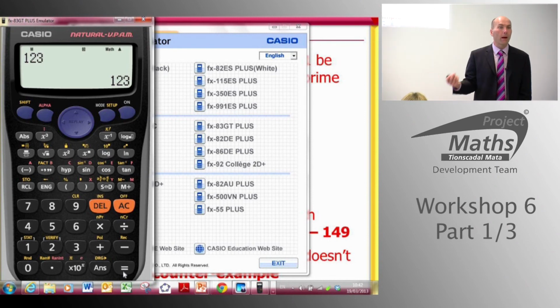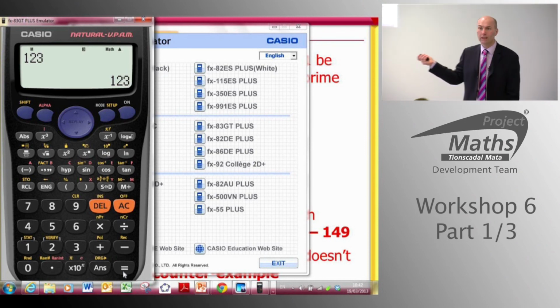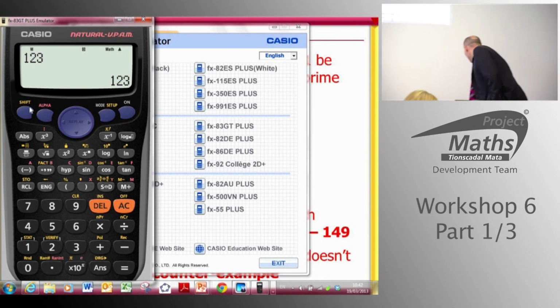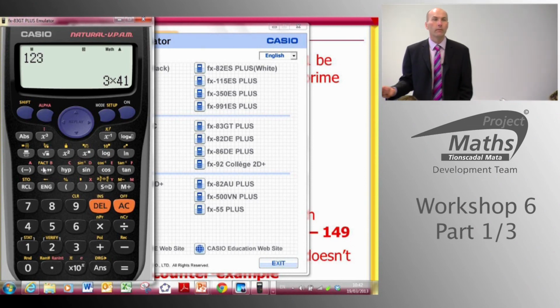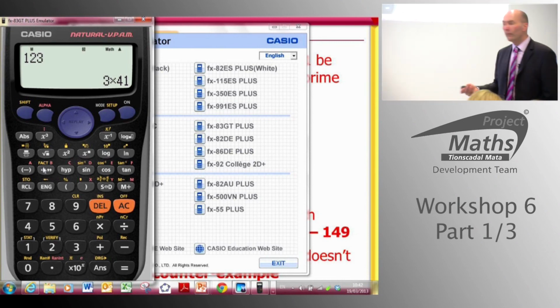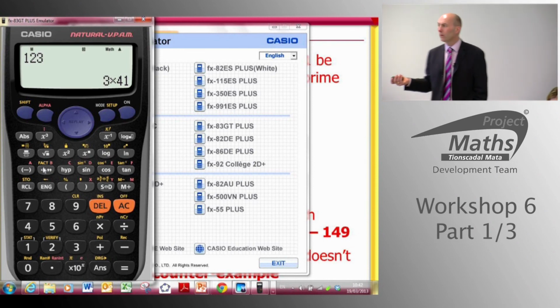That finds your prime factors for you. So you type in your number, you press equals, then because it's in yellow, what do you have to press first? Shift. Okay, so is 123 prime? No. It's a very, very handy way of finding your prime factors.